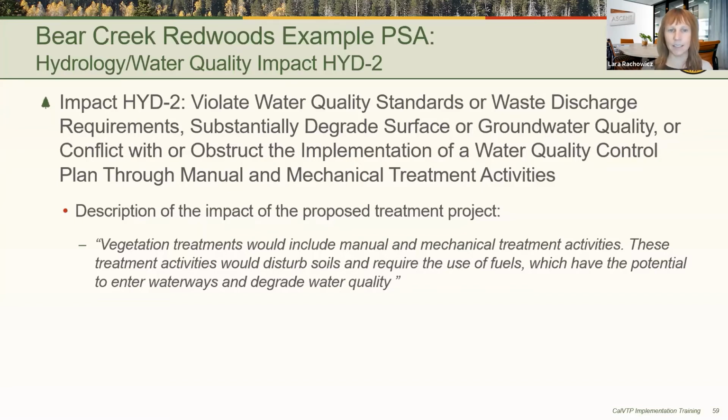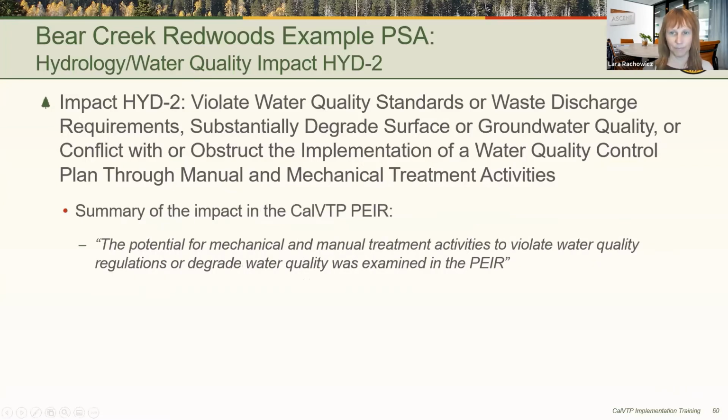In this case, the description states that vegetation treatment activities would include manual and mechanical treatment activities, and these treatment activities would disturb soils and require the use of fuels, which have the potential to enter waterways and degrade water quality. Next slide. The next step is then to summarize the impact from the PEIR.